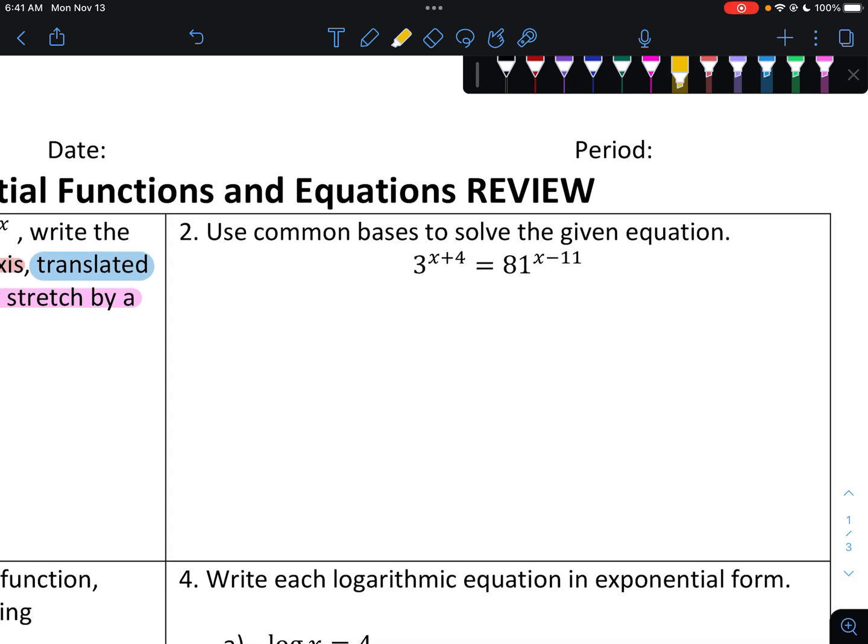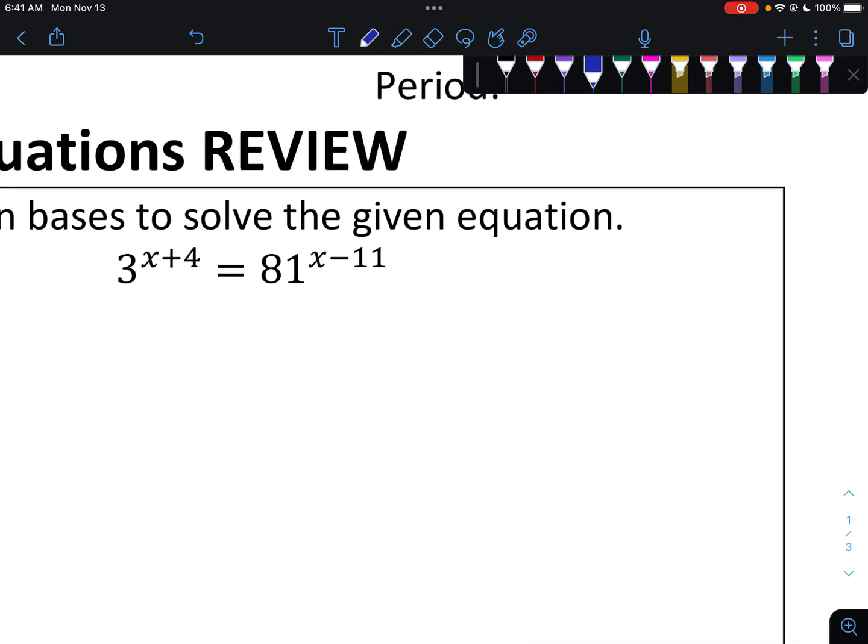Number 2, use common bases to solve the given equation. So what we need to do is rewrite these to have common bases. Typically you want to start with the bigger number and figure out if you can rewrite it with a base of 3. So in this case, 81 is 3 to the 4th power.